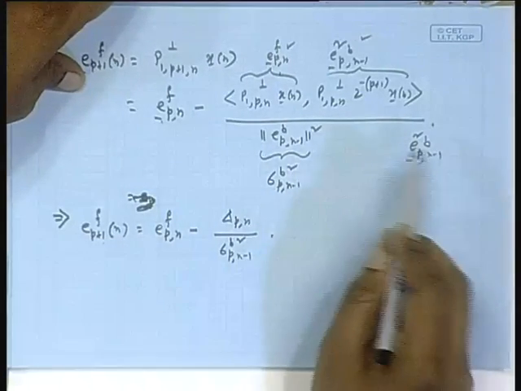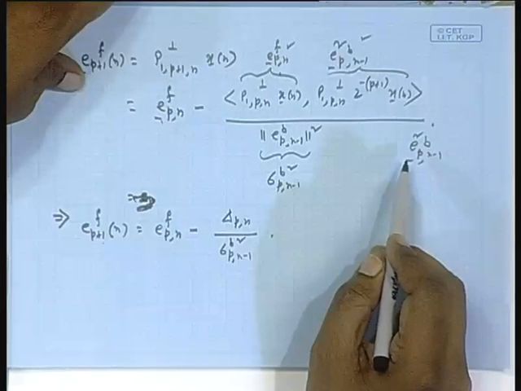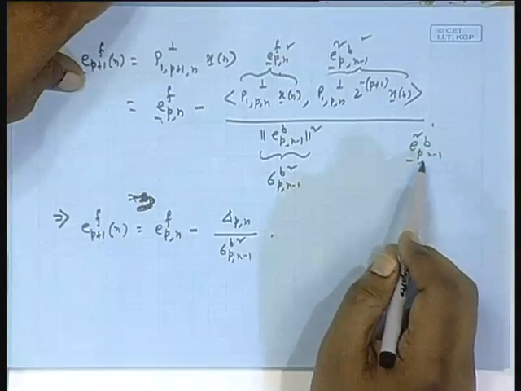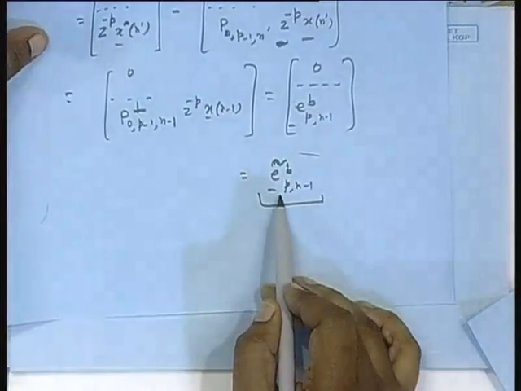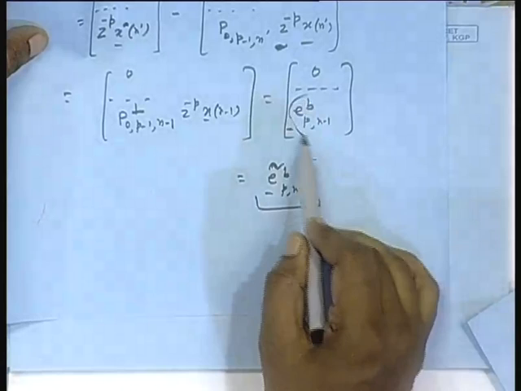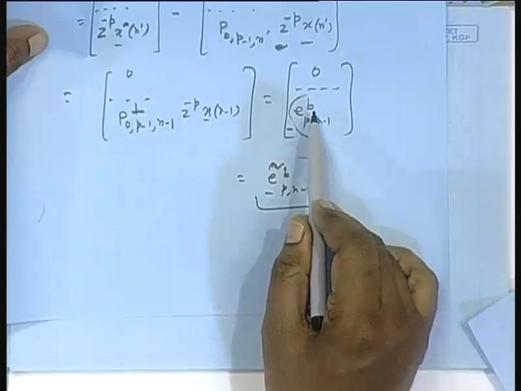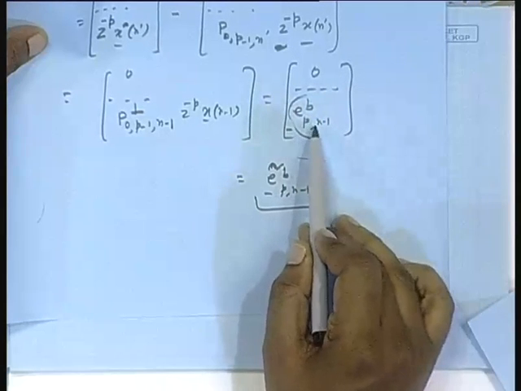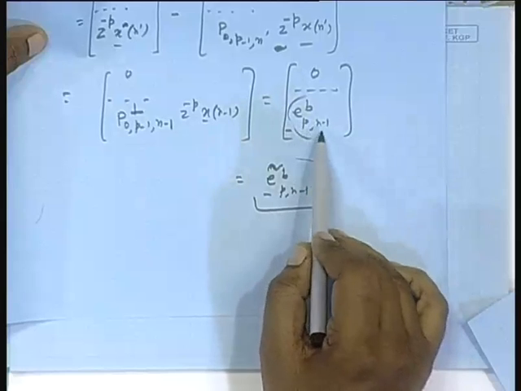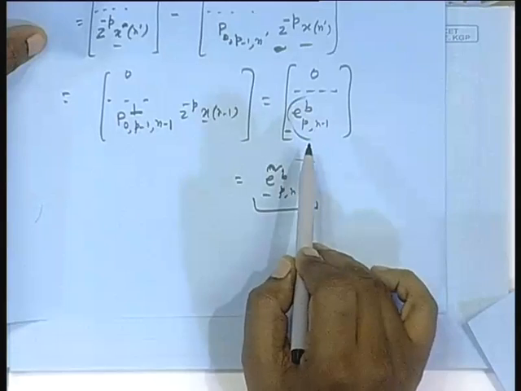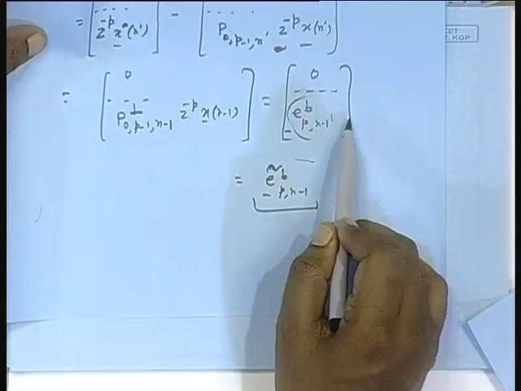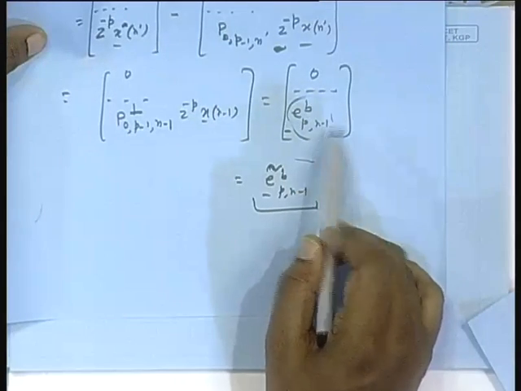And here the last fellow, please see this, last fellow means this vector, its last component means basically the last component of this guy, which is what? The backward prediction error vector, where I have taken data up to index n minus 1, and the last component, n minus 1, is the component of that. So, I should have just n minus 1 after this, but I am dropping this index n minus 1, and I will use it only once.